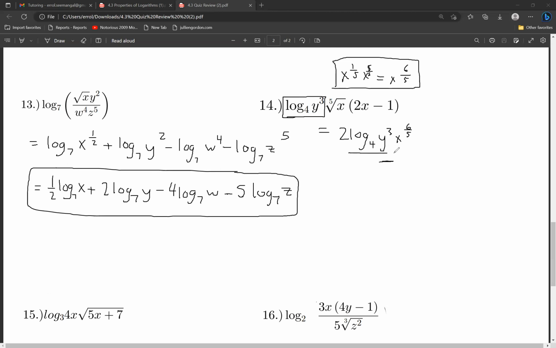All we did is rewrite it right there. This 2 we put on the front. Then we multiplied the fifth root of x and this x. So all we did was add the exponents, which is this line right here. So that's how we get the x 6/5.